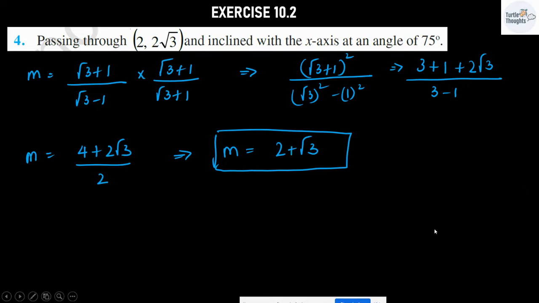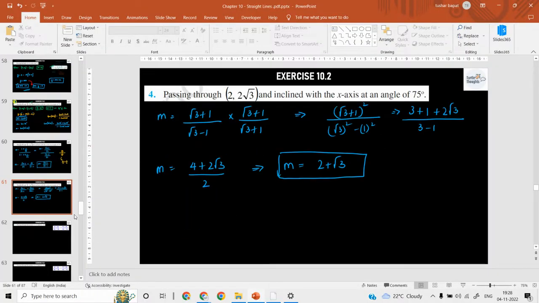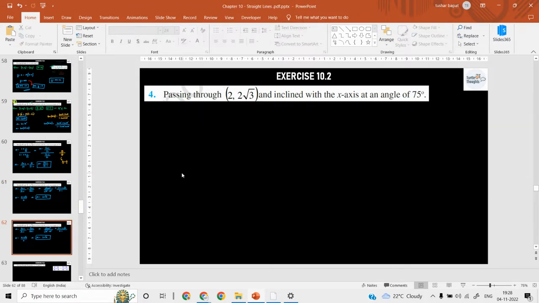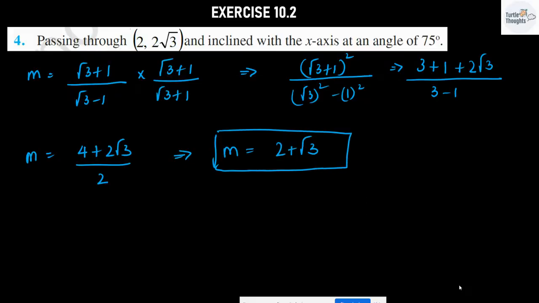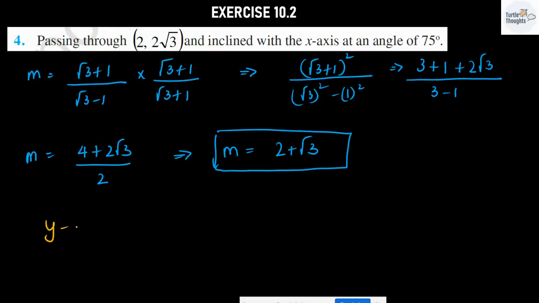Now that I know the value of m, and I know the value of x1, y1 also, if I substitute the same, I will get the answer. So let me do the same. The equation is y minus y1 equal to m into x minus x1.